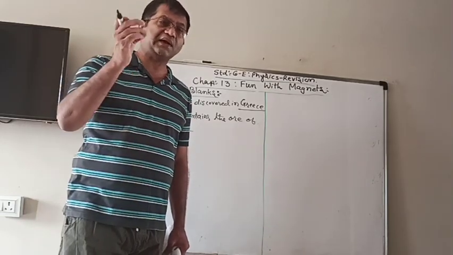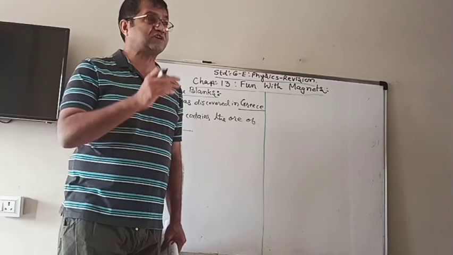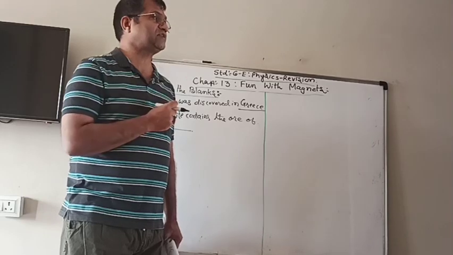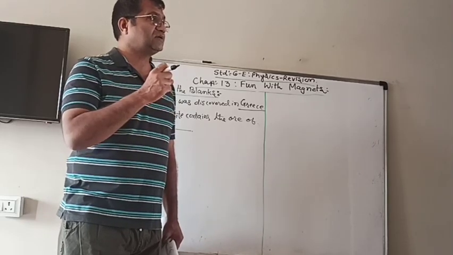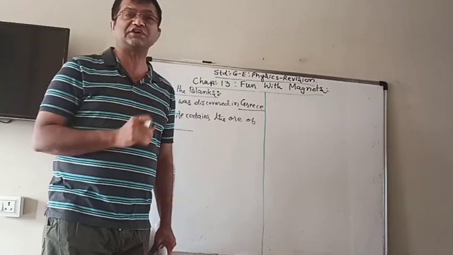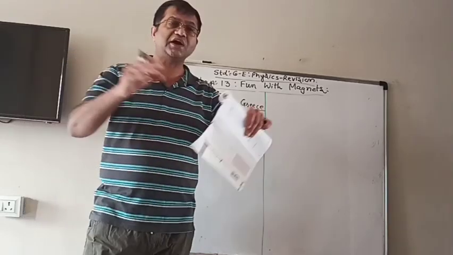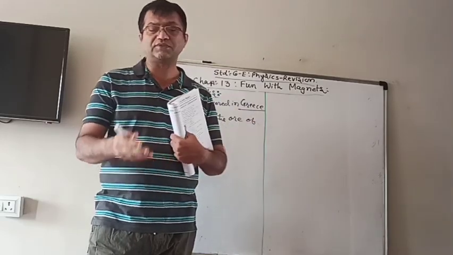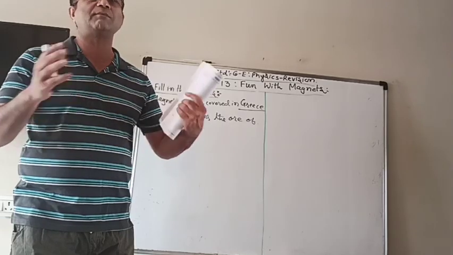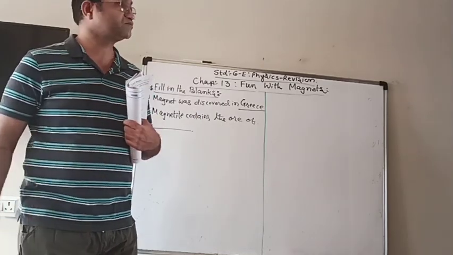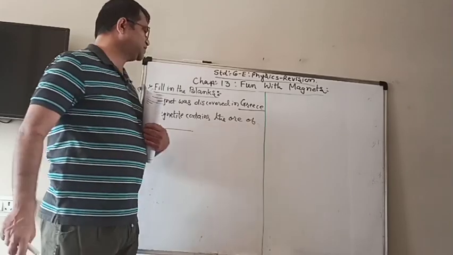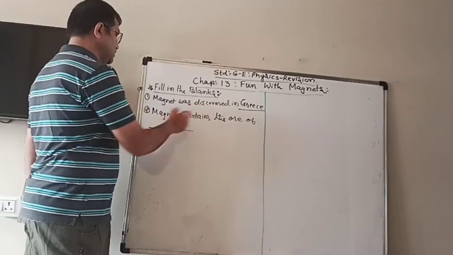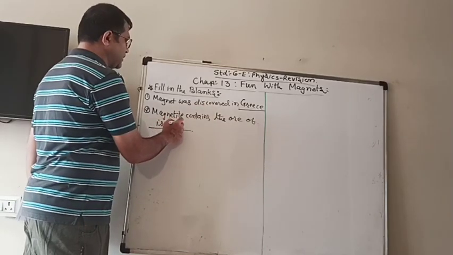Some metals, which are active metals, like iron, copper, etc., sometimes are found in the earth's crust in the free state, but sometimes they are in the form of a compound. When we dig out the compound from the earth's crust, it is known as ore. So magnetite contains the ore of iron metal.